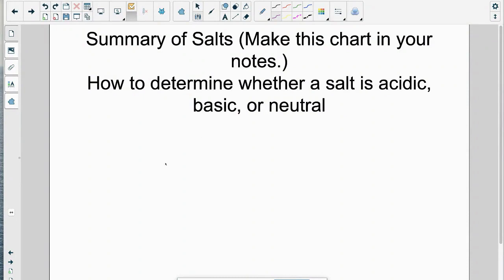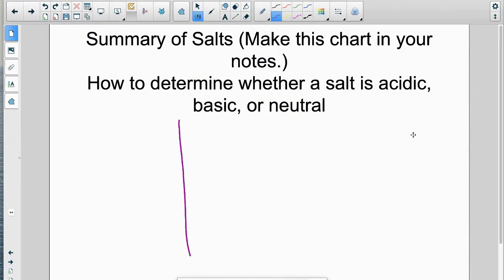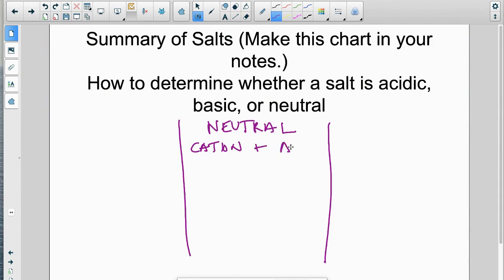Okay, so let's summarize the 3 types of salts here. Let's make 3 sections here. Start off with neutral salts. Neutral salts, both the cation and the anion are from strong bases and from strong acids. Okay, so strong for a neutral salt.